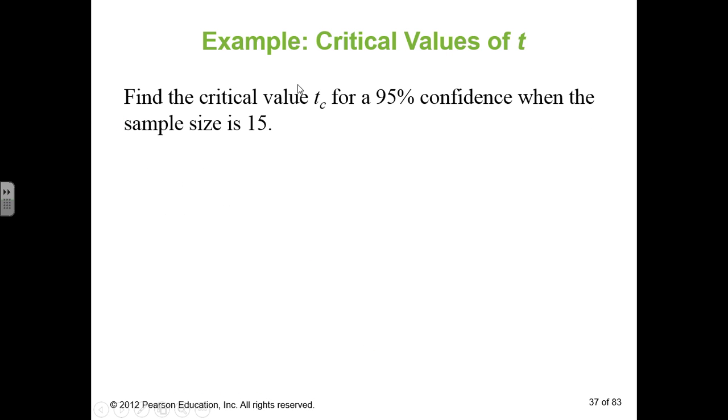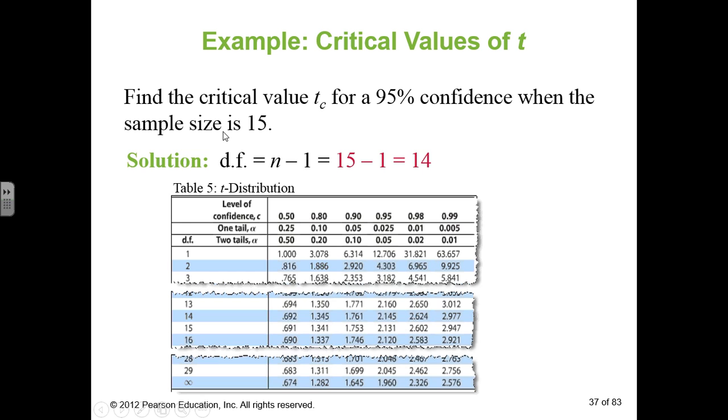So let's see how to use that table. Let's find the critical value t_c for a 95% confidence interval when the sample size is 15. Well, if the sample size is 15, then the degrees of freedom is 14. Degrees of freedom are along this column here. Find degrees of freedom equal to 14 and read across this row. We're looking for a 95% confidence level.